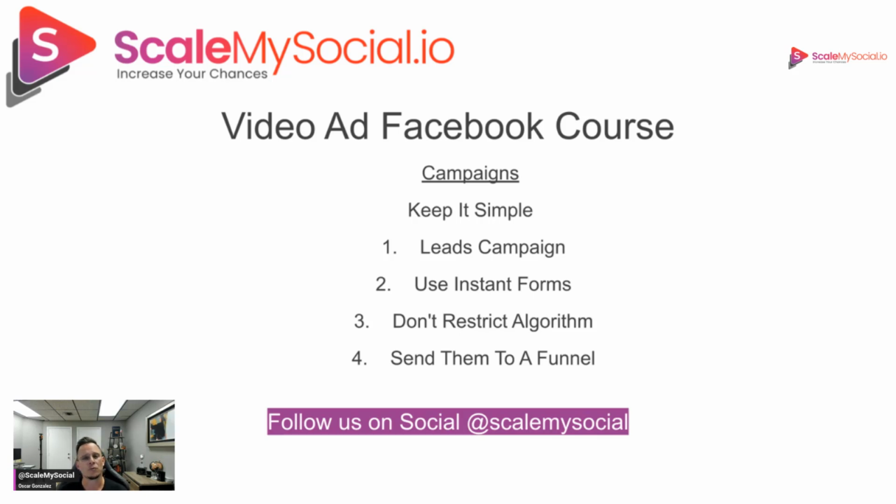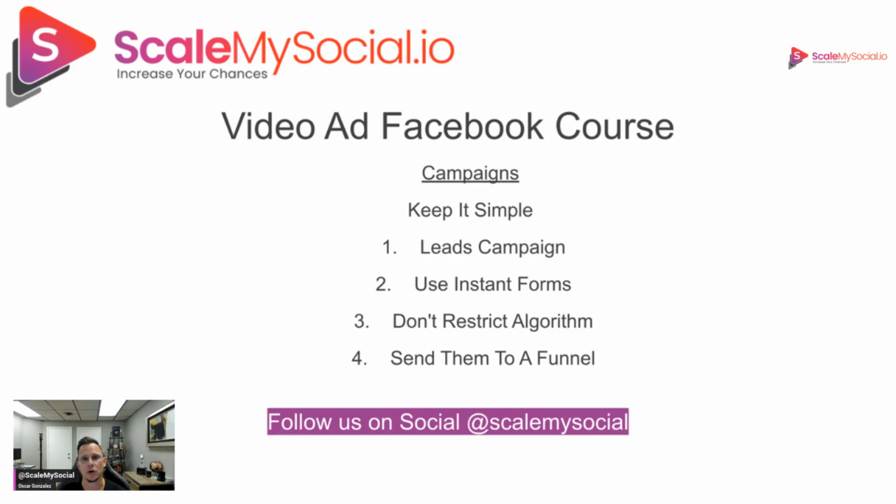Number three, don't restrict the algorithm. Many people make a huge mistake when they're creating their ad or when they're working on their audience and adding too much targeting, trying to hyper focus on a niche or a particular segment of people. When you're just starting out an ad campaign, it's so important that you open up that audience and allow the algorithms to do the work of looking for, one, who is your specific audience?